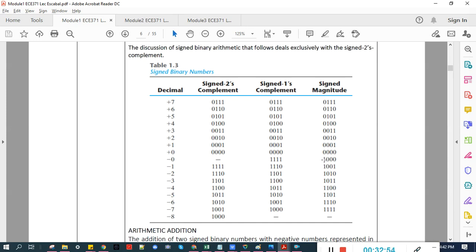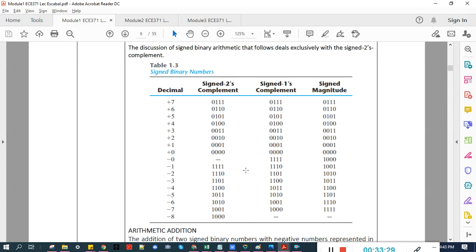Then a 1 in the leftmost bit represents that the number is negative. For the signed one's complement, it's the same as the signed magnitude. Everything is the same if the number is positive. It's the same for signed 2's complement, signed 1's complement, and signed magnitude if the sign is positive.